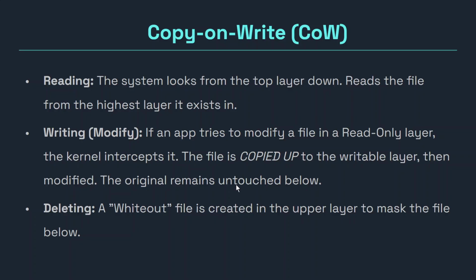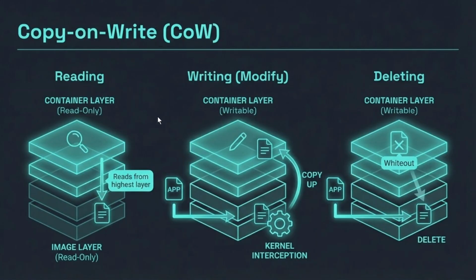Let's see how this works. The entire file system is viewed from top to bottom. If a write operation is to be performed on a file, that file is first searched in the top writable layer of the file system. If the file is in the read-only area, at the bottom of the stack, it is copied on the top and a write operation is performed on it.